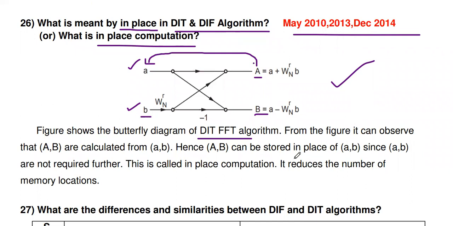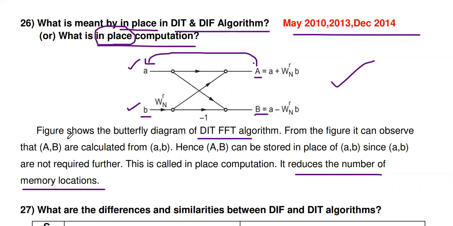After calculating capital A and capital B from small a and small b, the small a and small b values are not used in any later stage. So the answers of this butterfly diagram are stored in the same memory locations. This reduces the number of memory locations. That is why the DIT and DIF algorithms are called in-place algorithms or in-place computation.